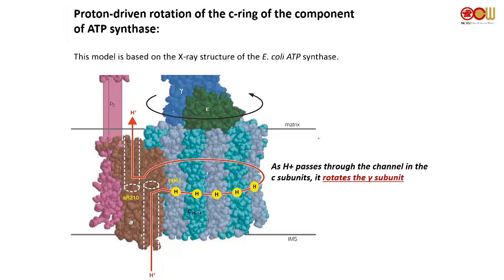So this is the model for ATP synthesis. Again, this is your C subunits, and there's a channel right here for protons to go through. Protons want to go through your ATP synthase because remember you have a separation of concentration.